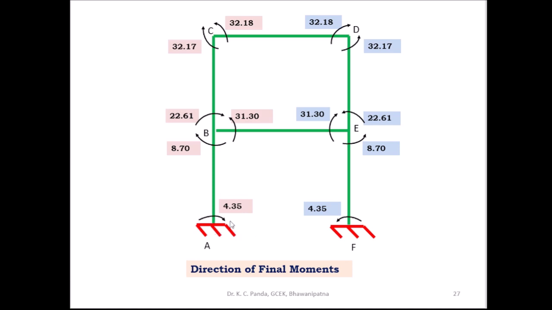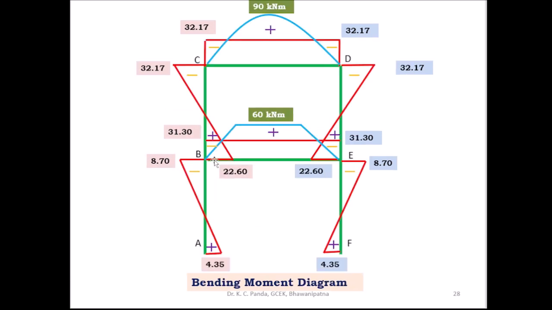Here you see the arrow mark is towards inside, so here the tension is on the inner side, so take 4.35 on this side, and here the arrow mark is outside, so here you take 8.70, then join these 2 points, 8.7 and 4.35.